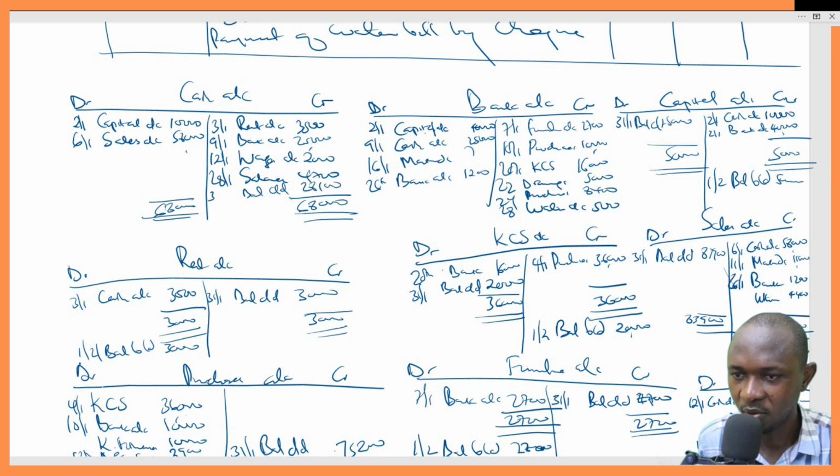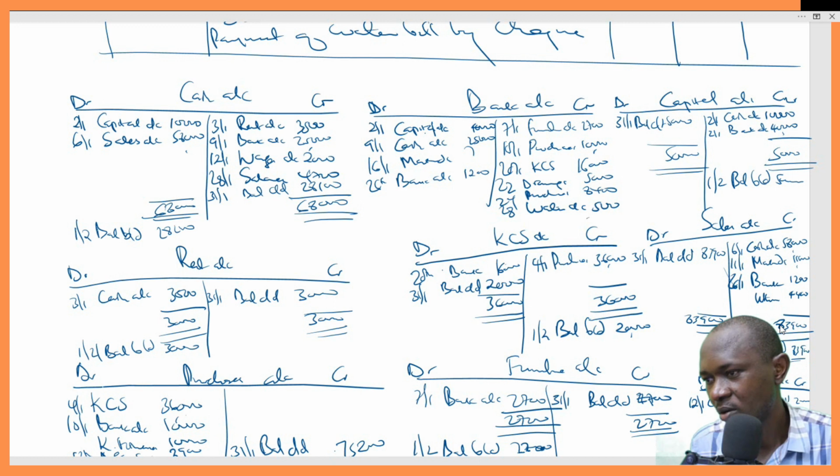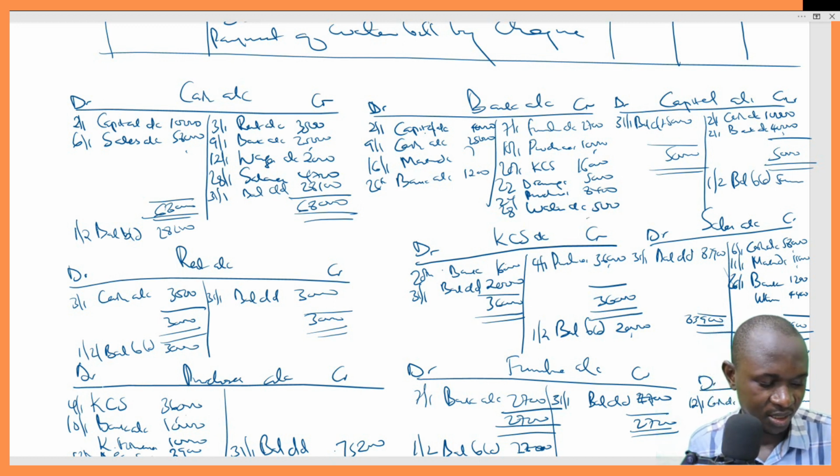It's the same thing with the bank account. Get the side with the highest figure, and it will be used as our balancing figure. So the debit side has the highest figure of 73,200.